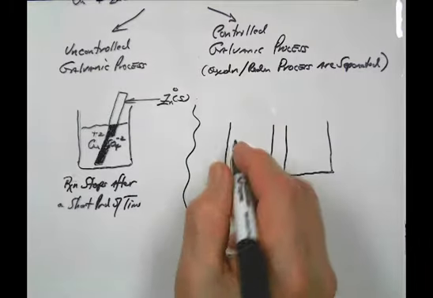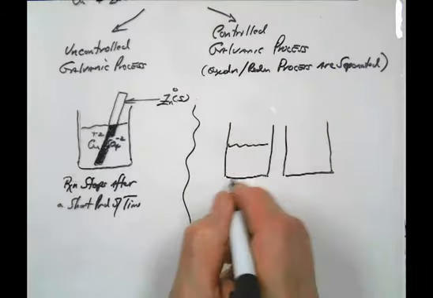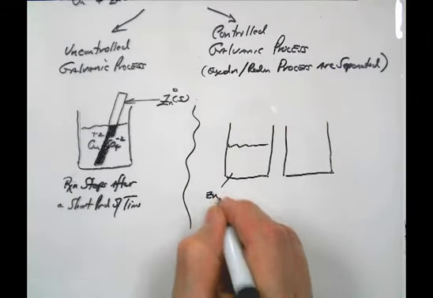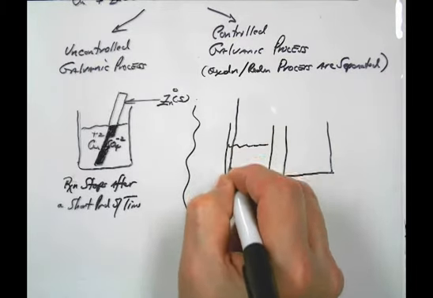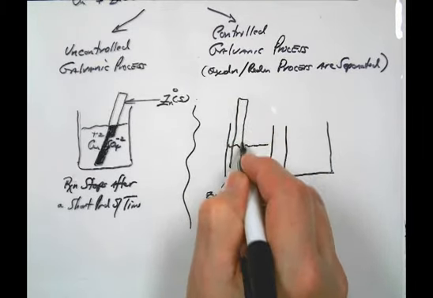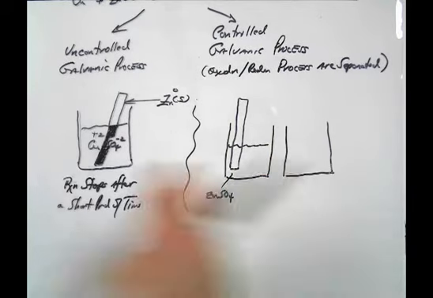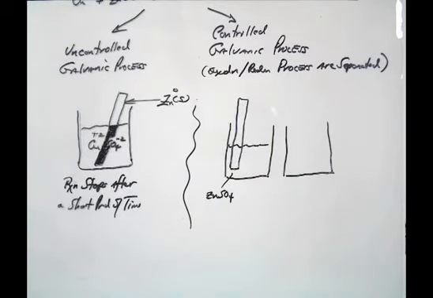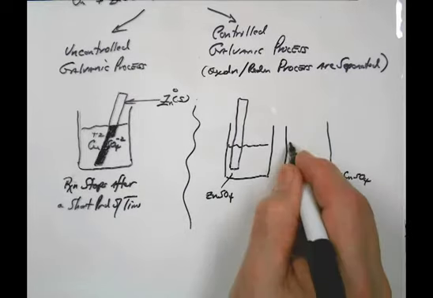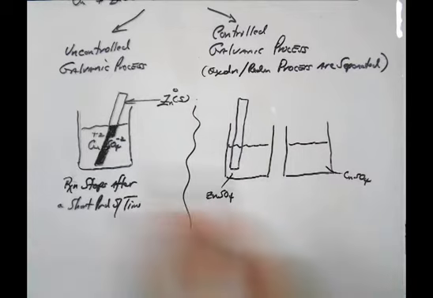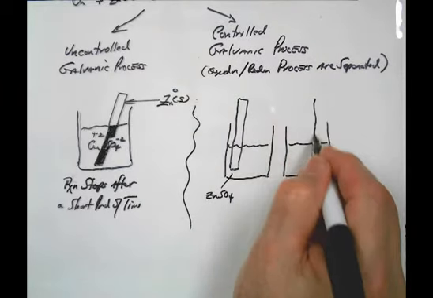But here we're going to have a solution of zinc sulfate, and we'll have a zinc bar in the zinc sulfate. I call it the common ion salt. Your text doesn't define it like that, but for memory purposes, the zinc will go into zinc sulfate. Then you'll have a copper bar in copper sulfate solution on the other side.